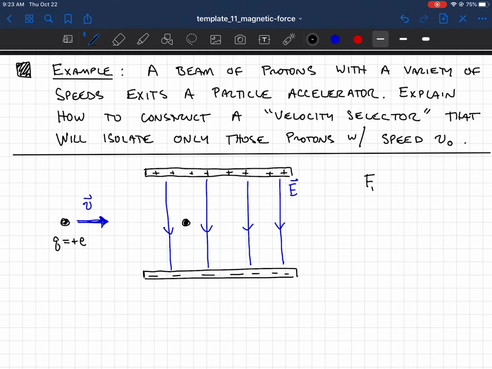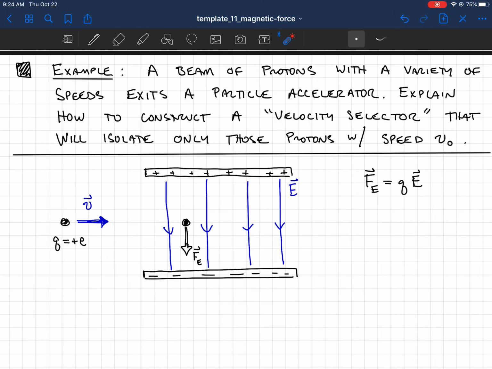Remember what the electric force is: Fe vector is equal to QE. Q is a positive number in this case because we have protons, and E is a vector that points down, so the force should be pointing down. So the force on this charge as it enters the uniform electric field will be directed down.